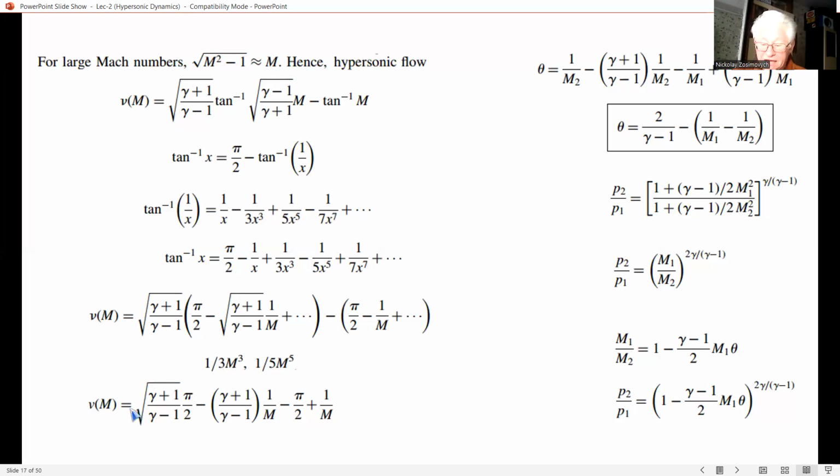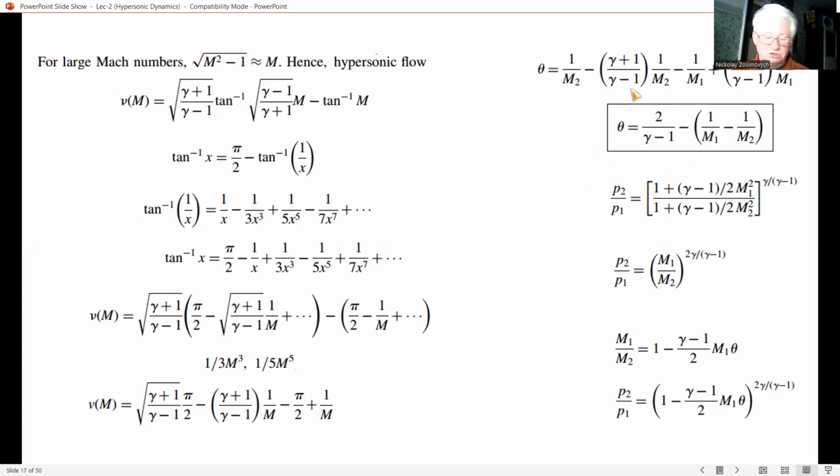V of M gives us the first component, the radical of (gamma plus 1) over (gamma minus 1) times half pi. And minus the second component, in parentheses, (gamma plus 1) over (gamma minus 1) times 1 over M, and minus half pi plus 1 over M. Or we may rewrite this expression in a more convenient form, as this one.